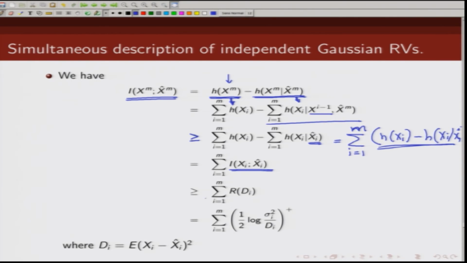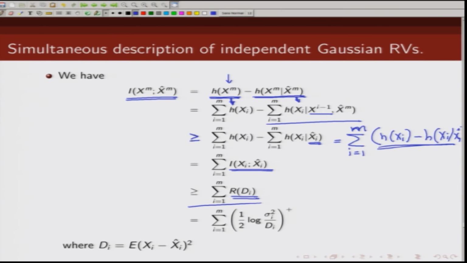And since we know the rate distortion function is the minimum of this, it can be lower bounded by the summation over i from 1 to m of R of di. And for the Gaussian source, we know the expression for the rate distortion function.